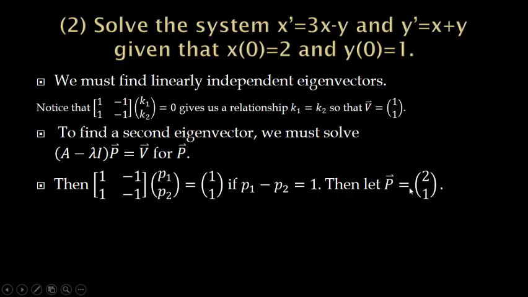What I'm saying there is, as long as your difference between those values would be 1, you can have many different vectors here. Your c1 takes care of those constant changes.